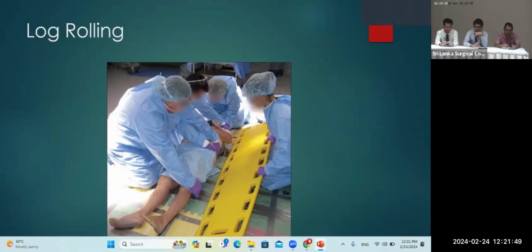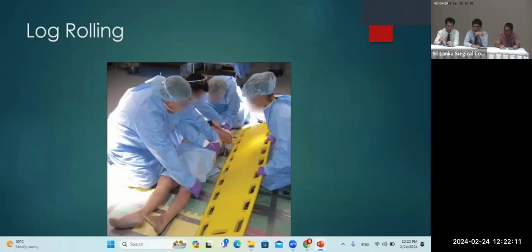Once the patient is on the spinal board, it's always preferable to strap the patient, because when you are moving the patient, the patient might struggle or get afraid. So always strap the head as well as the trunk. Don't strap only one, as that will be quite bad for the cervical spine.